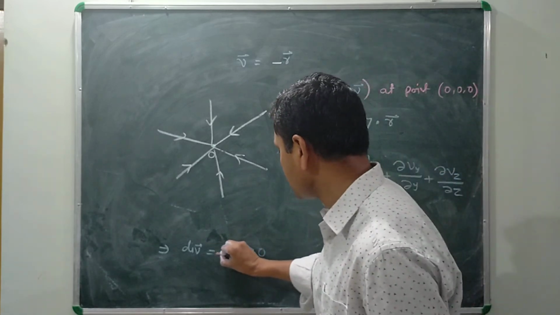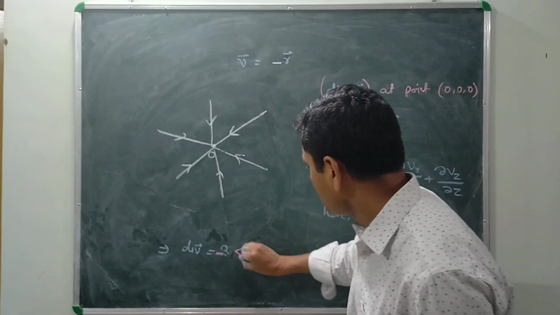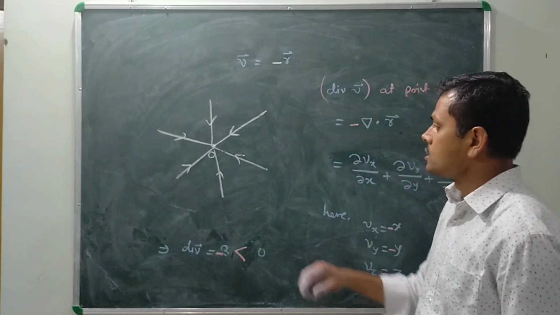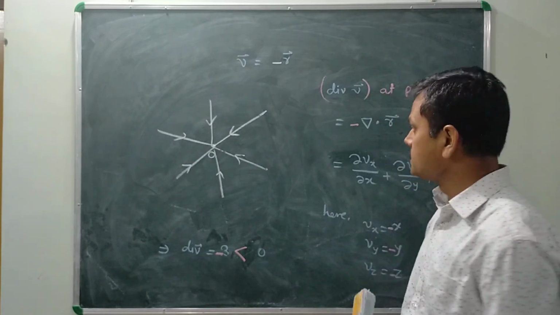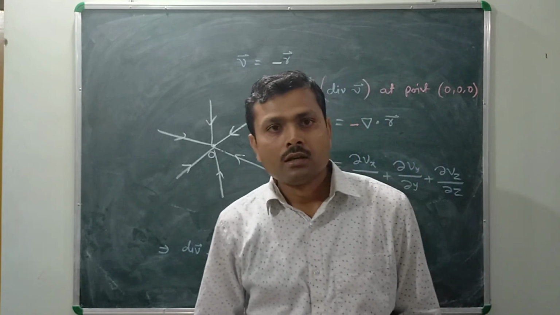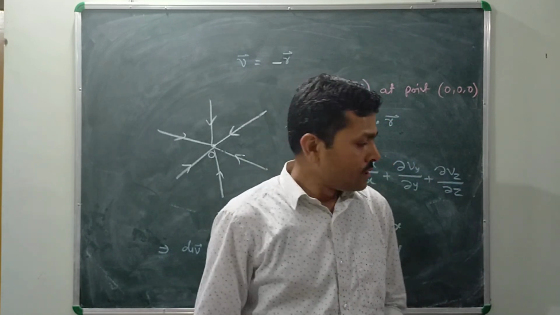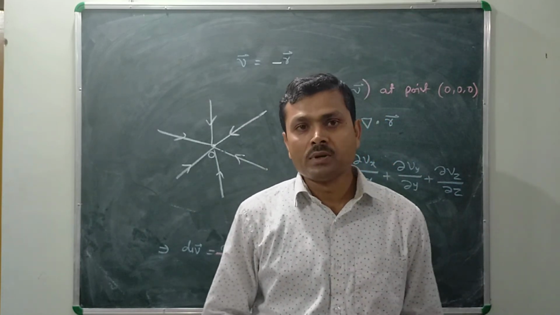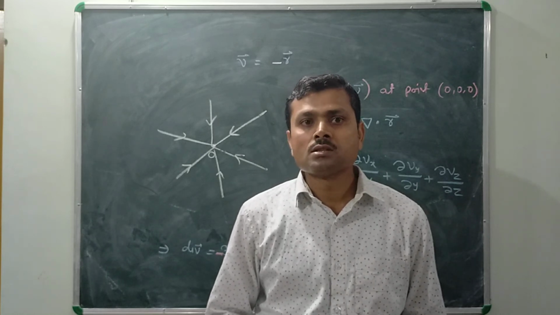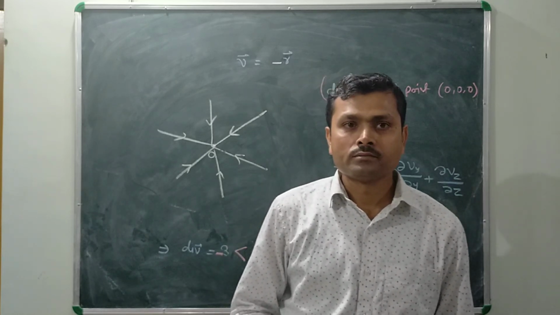So the divergence will be negative, and this is in accordance with the physical meaning of the divergence. In the next lecture, we will see some more examples and questions. Thank you.